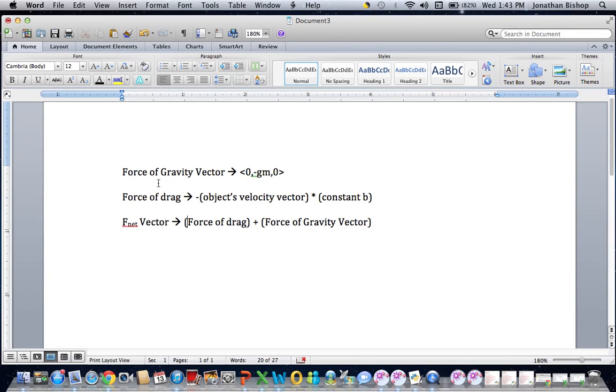In the lab for the models, I used the force of gravity vector, which is 9.8 times the mass of the object in the downward direction, which is the negative.